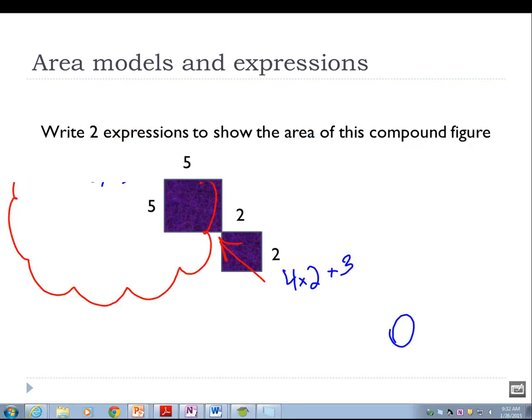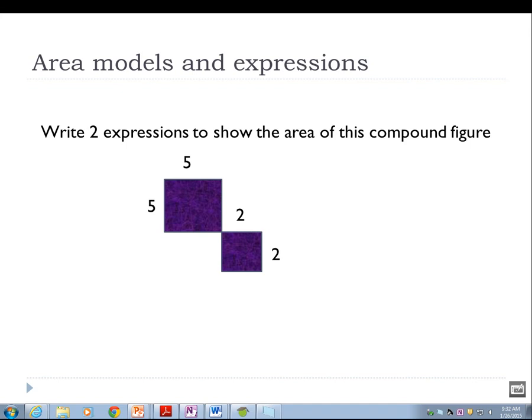Alma, what did you come up with? 5 times 5 plus 2 times 2. Good. Yes? 5 times 5 plus 4. So we just took it one more step. Good. That works.